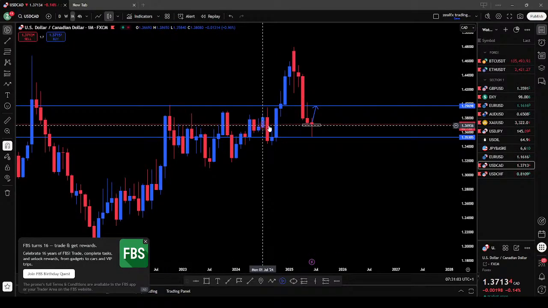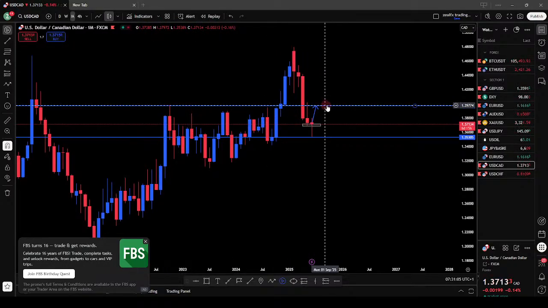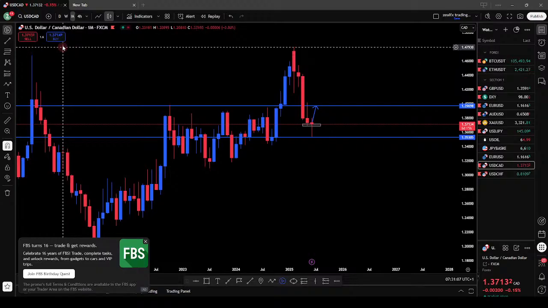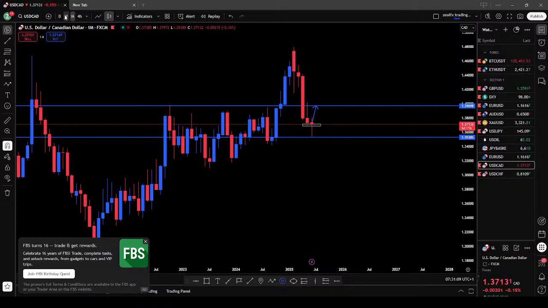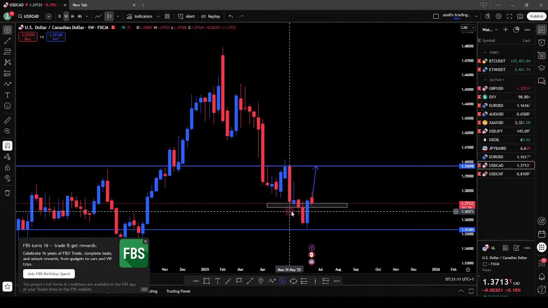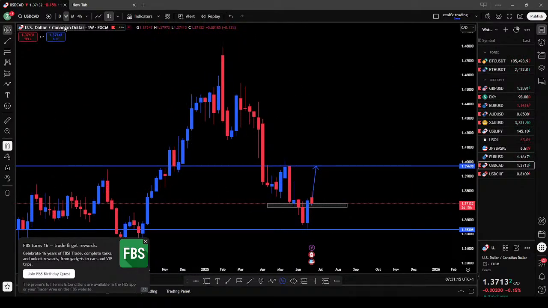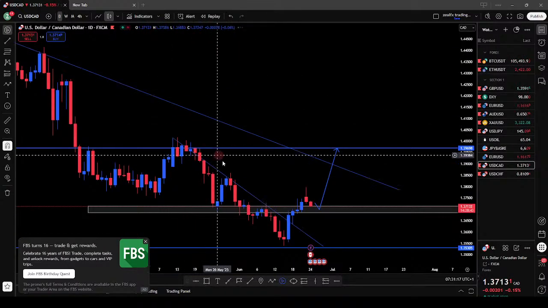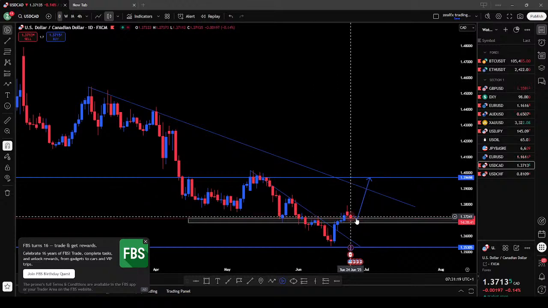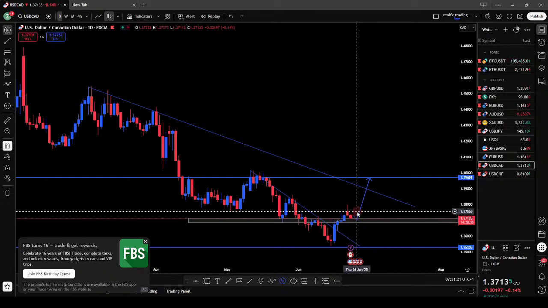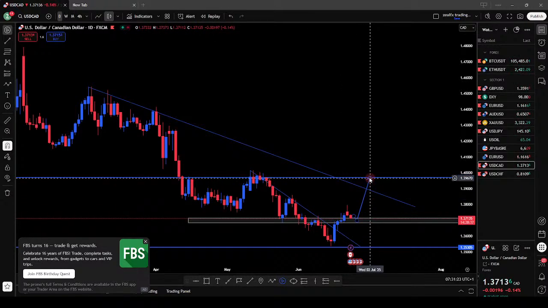So we expect price to move to this nearest resistance or above that resistance. So we are expecting more bullish move on USD CAD this week. So long as we have this shift in trend, we're expecting more bullish move for price back to this resistance for the USD CAD.